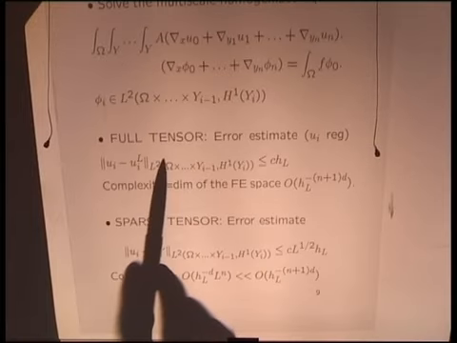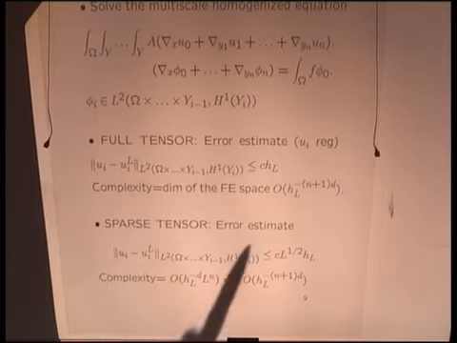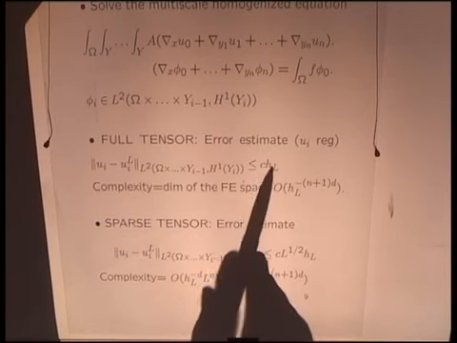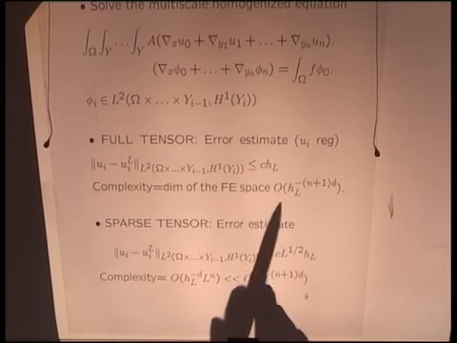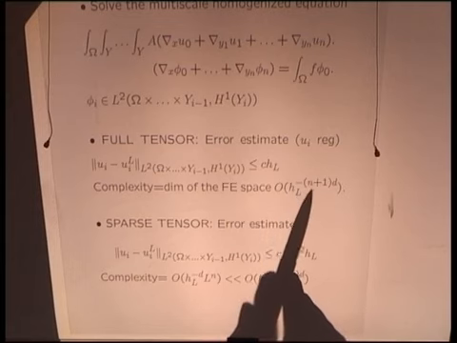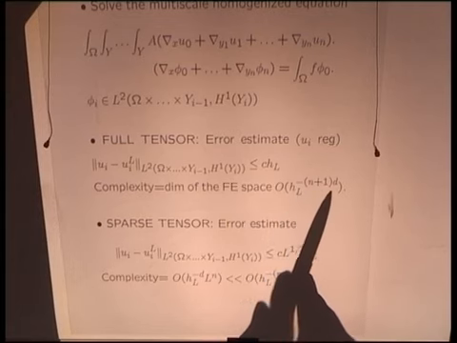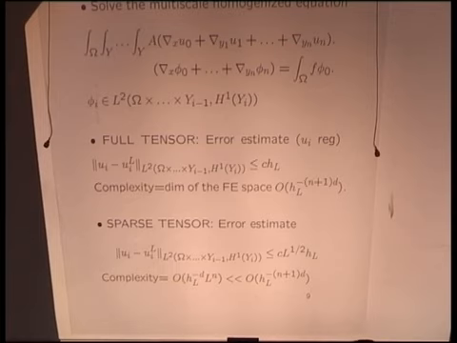And for the full tensor, the rate of convergence is the mesh size, but here we have big O of HL to the minus (n plus 1) times D, which is very large.